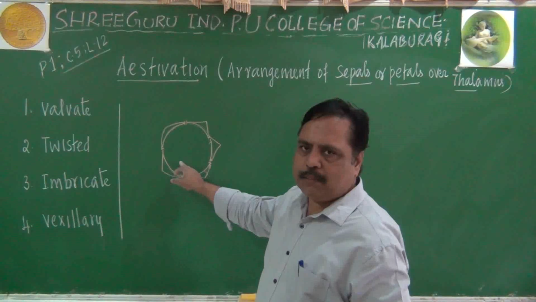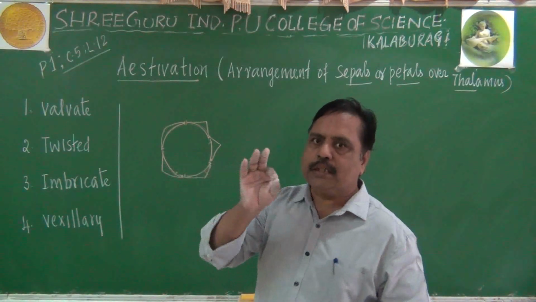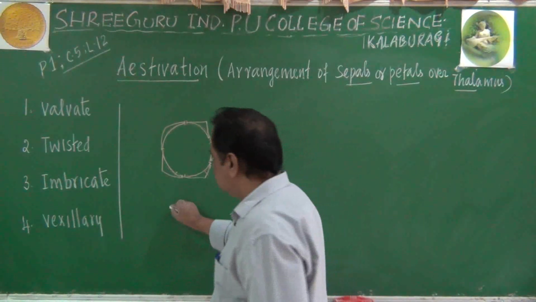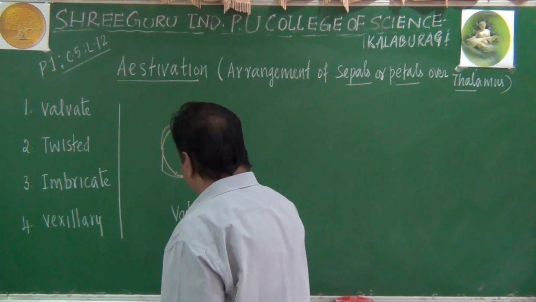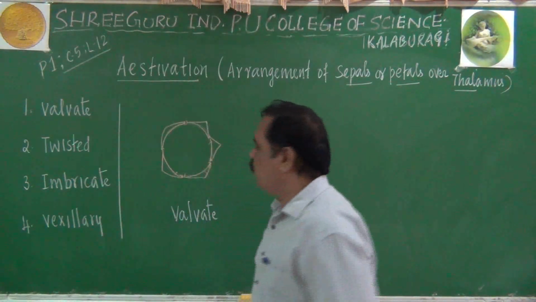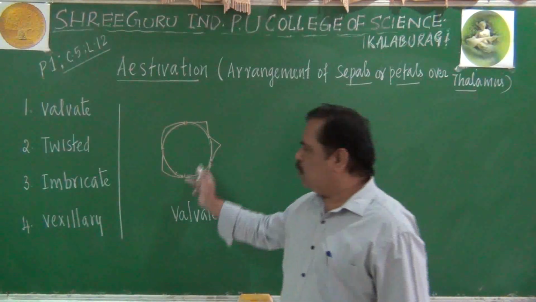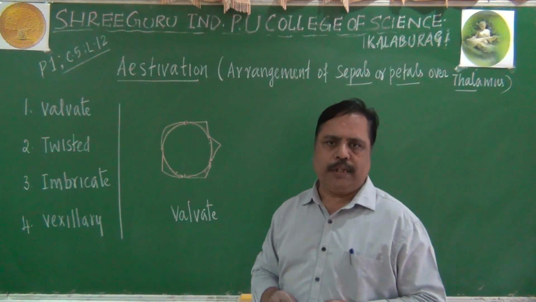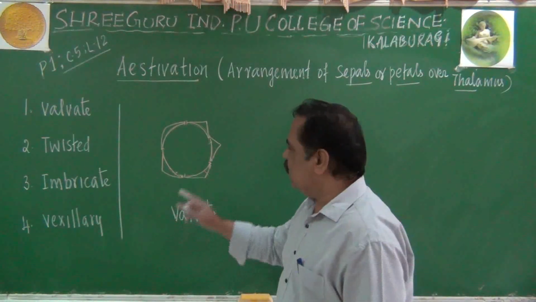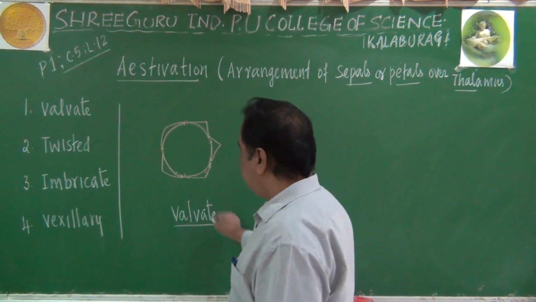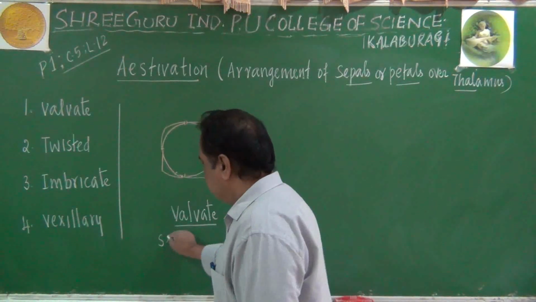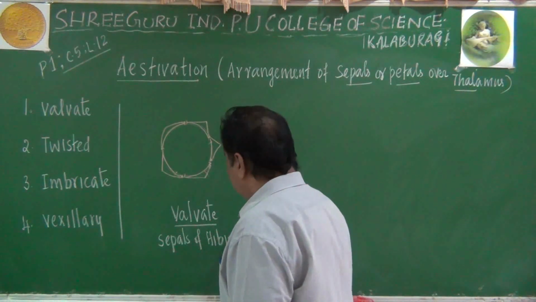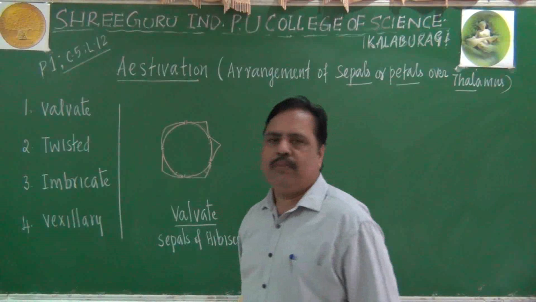The arrangement of sepals over the thalamus in such a way that their margins are simply touching each other is known as valvate estivation. It is not only applicable for sepals; petals may also be arranged like that. Example for valvate estivation is the sepals of hibiscus. Hibiscus sepals exhibit valvate estivation.